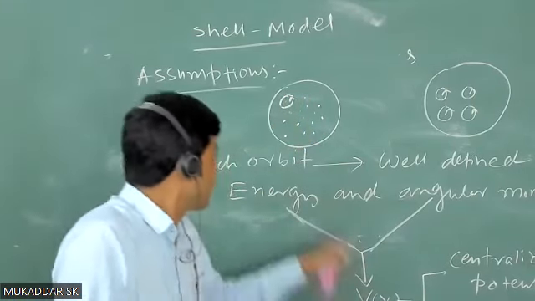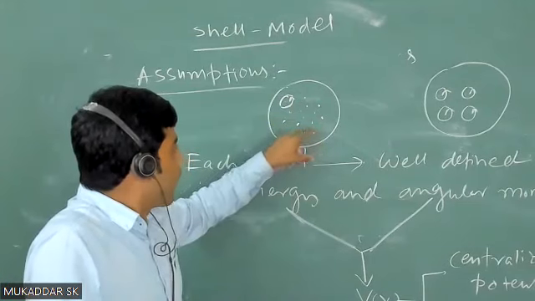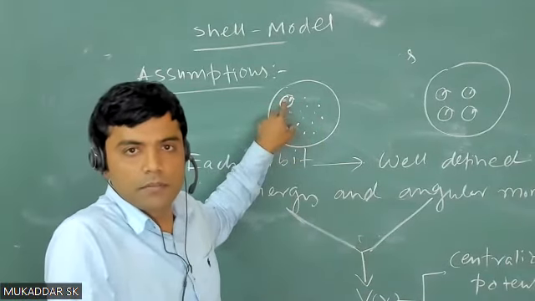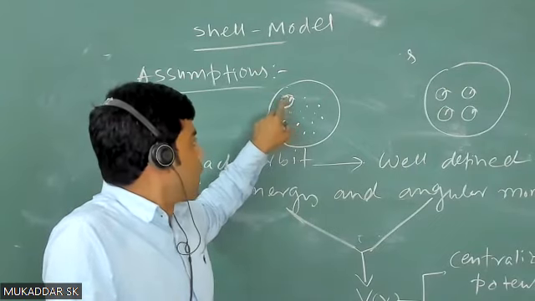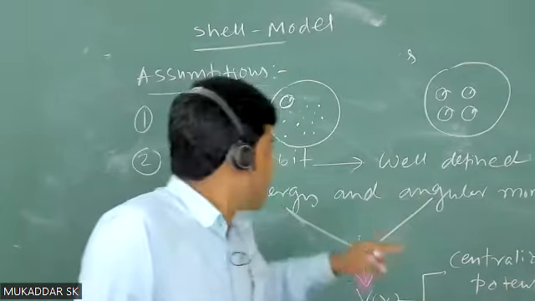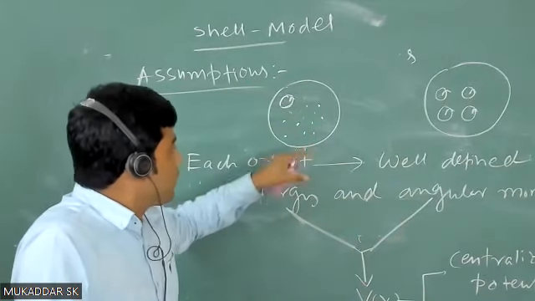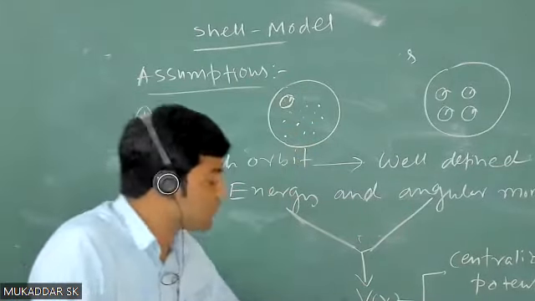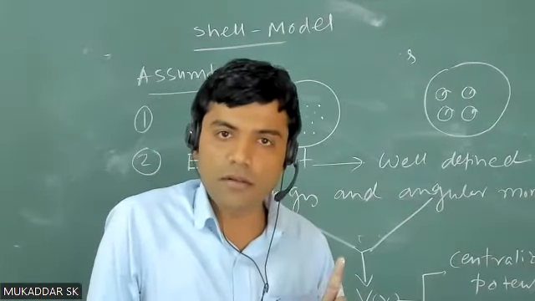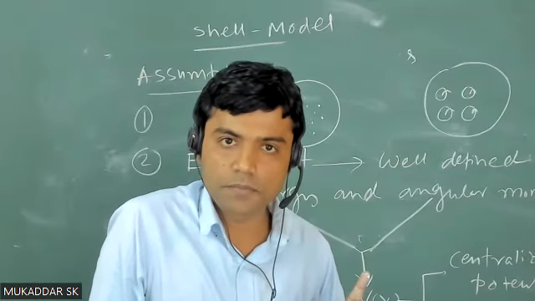When you are taking V(r), it means the average potential of all other nucleons on this particular nucleon. Potential between two nucleons will be non-central, but if you take the average potential, then that will be a centralized potential. Keep in mind that nuclear potential is never a centralized potential.